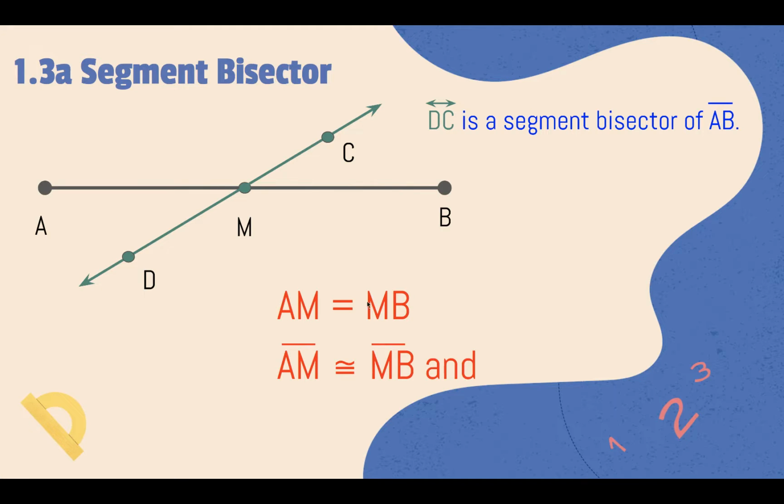Again, be very careful about the equal sign and the congruent sign. Numbers are equal. Shapes are congruent. And I put the "and" in the wrong place. That should be up there. Sorry. Then we can add these little congruence marks to show that segment AM is congruent to segment MB.